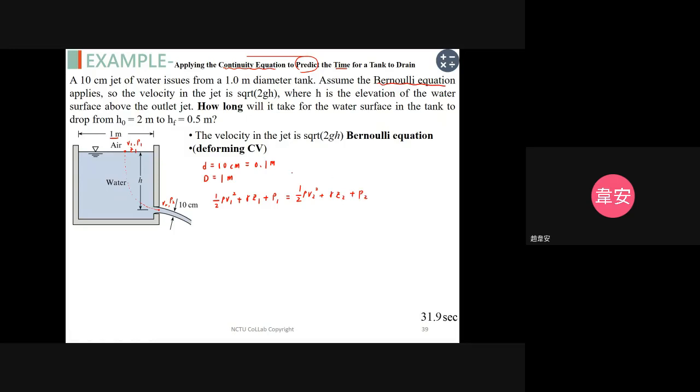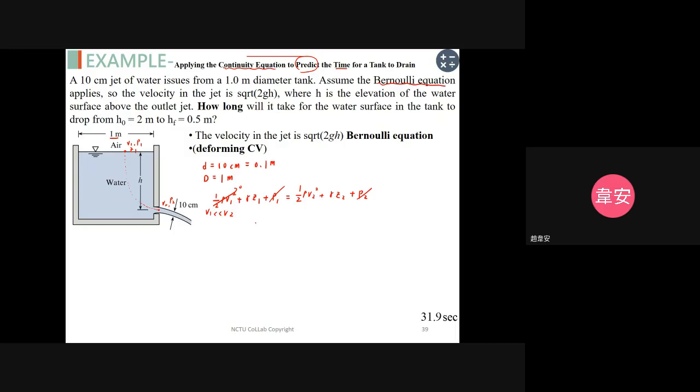We assume the velocity V1 is quite smaller than V2, so for this problem we ignore the V1 term. And P1 and P2 are exposed to the air environment, so the gauge pressure is also equal to 0.